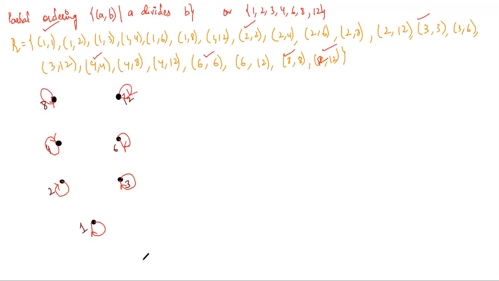After that, we are supposed to take for all the other ordered pairs. So let's draw those. So from 1 we have the ordered pair, that is 1 is the initial vertex for each and every other element. So let's draw that. We have 1, 2, 1, 3. I'll give the directions later.